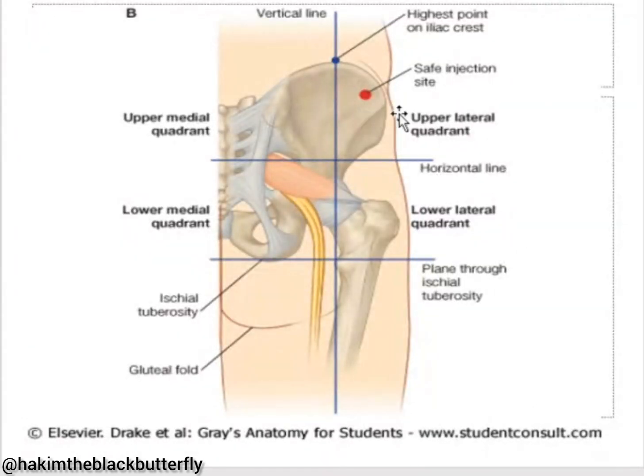So this is the safe region, the upper outer quadrant, for administration of intramuscular injections in the gluteal region. Avoid the lower medial.